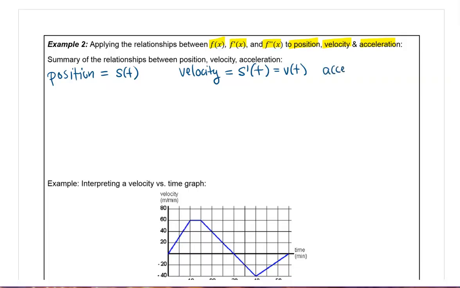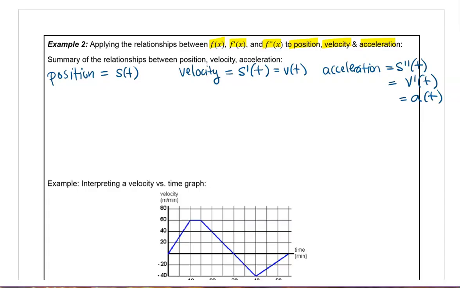And acceleration is the second derivative of position because it's the rate of change of velocity. We can think of it as the first derivative of velocity, and we also call it acceleration because it is its own function. So we consider position as f, velocity as f prime, acceleration as f double prime.